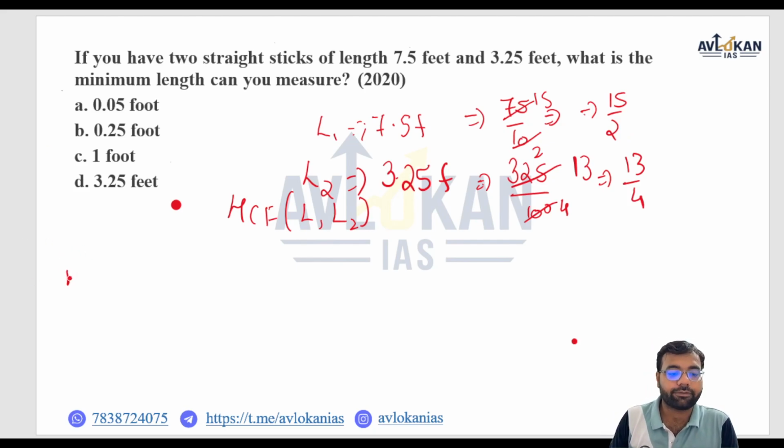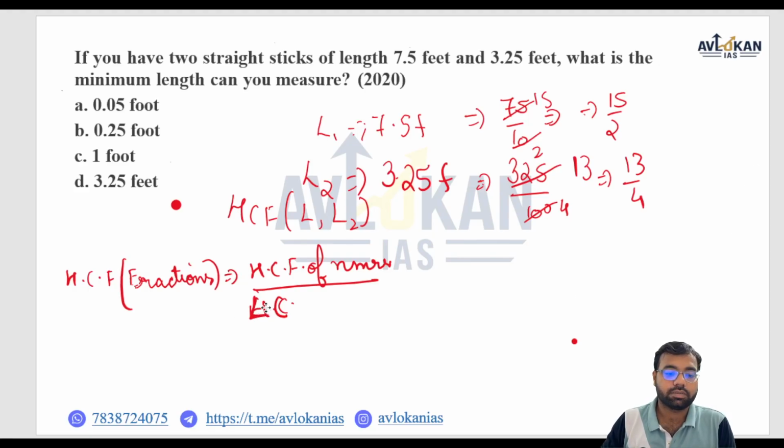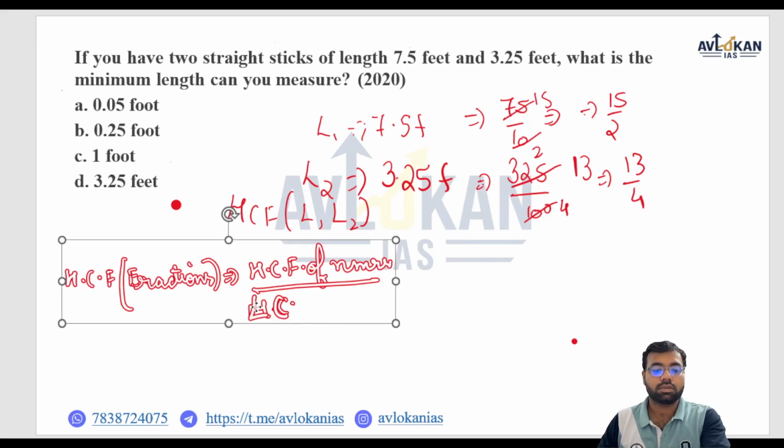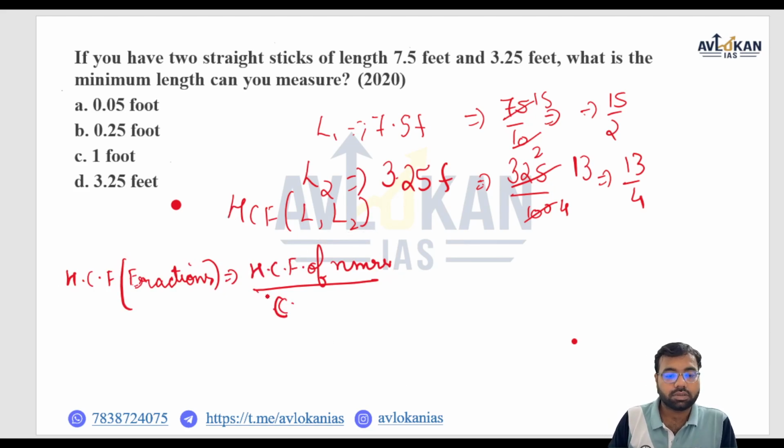So what is the formula for the HCF of fractions? It is the HCF of numerators upon the LCM of denominators.